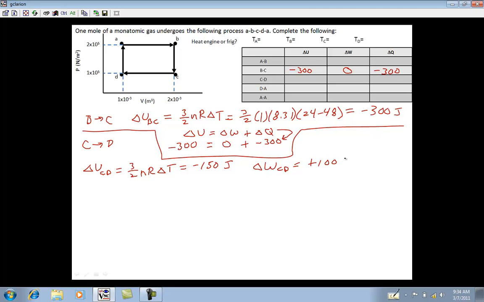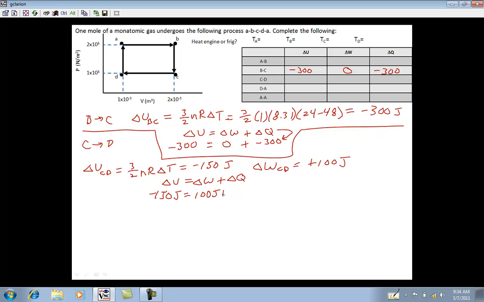So now that I've got the delta U and the delta W, how would I go about finding delta Q? There's more than one way of doing it. I would just go to the first law. Delta U is equal to delta W plus delta Q. Delta U we just said is negative 150 joules, and delta W is 100 joules.